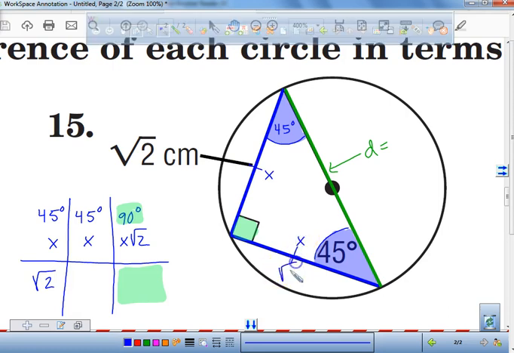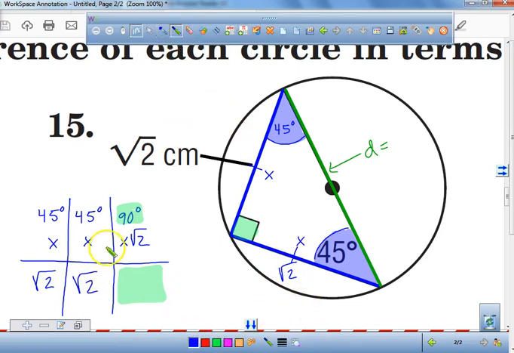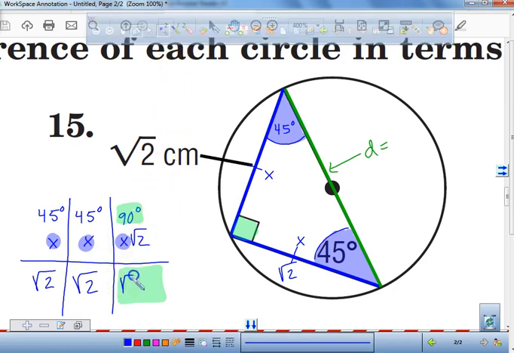Yeah, that has to be the square root of 2. So I'm going to write the square root of 2. Now, if you look carefully, x is equal to the square root of 2. What's this x going to be equal to? Square root of 2. So what I want you to do is write the square root of 2. And what are we multiplying that square root of 2 by?